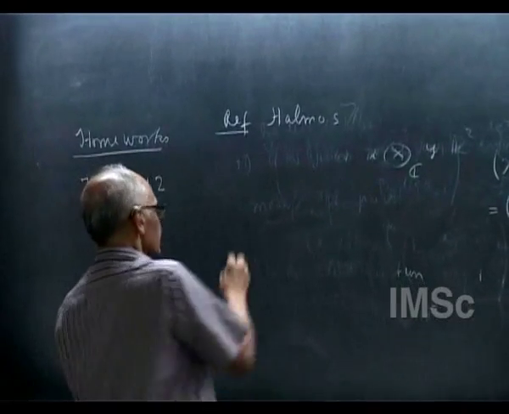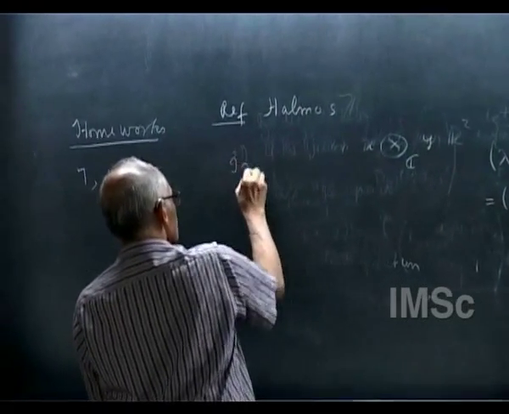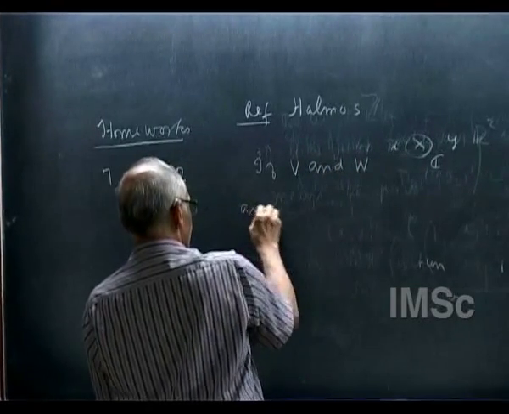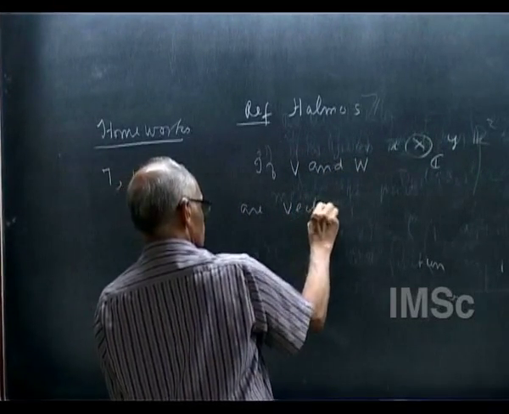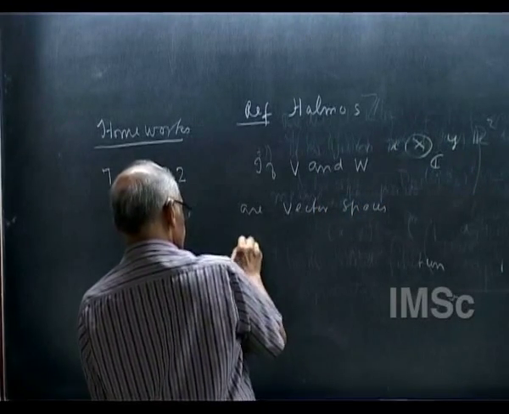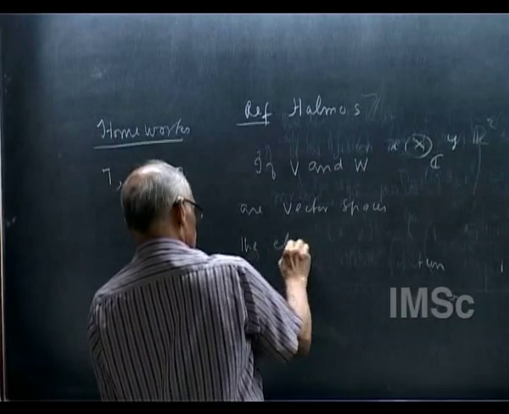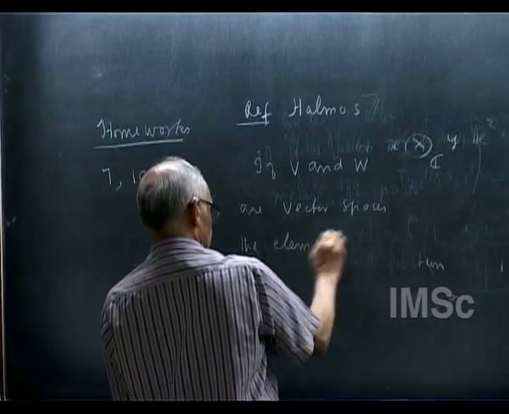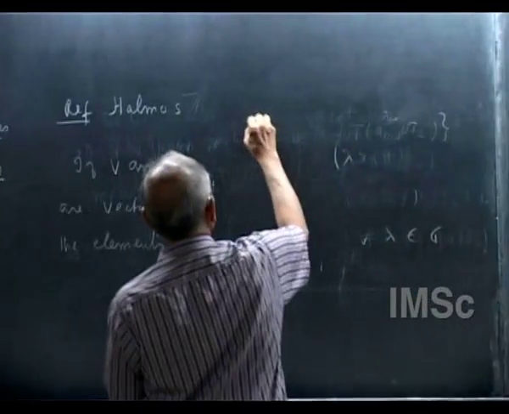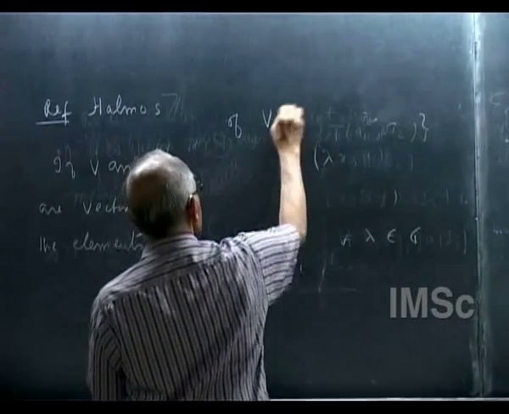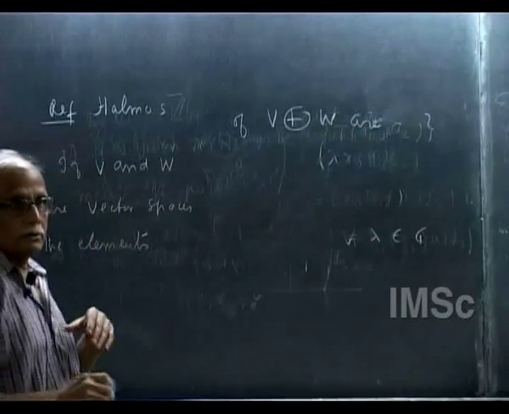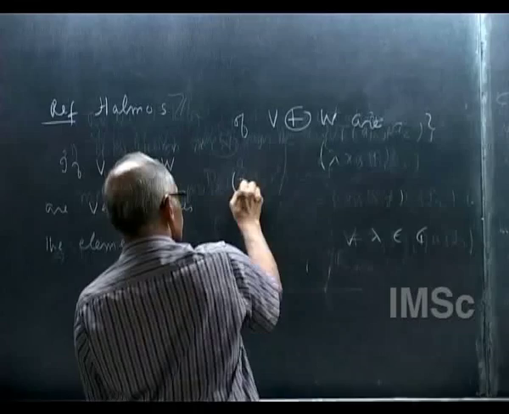Now, if V and W are vector spaces, the elements of V plus W are a vector here and a vector there.